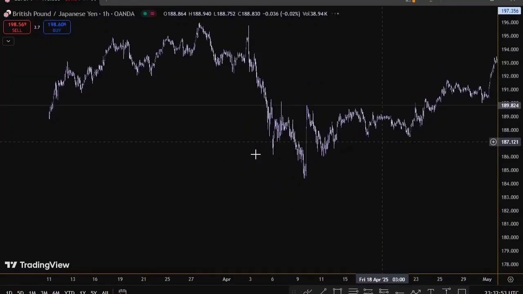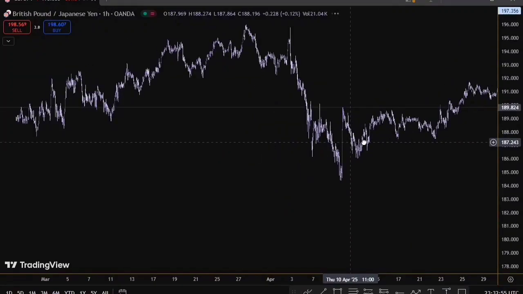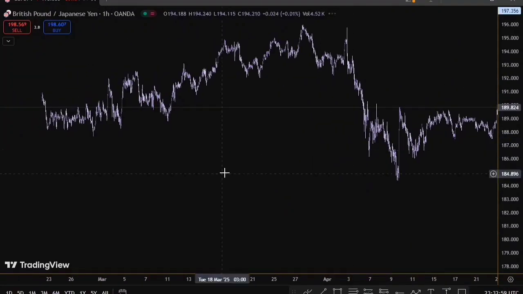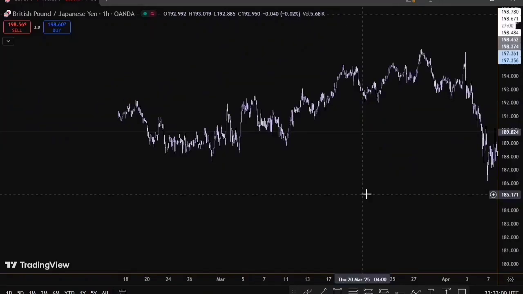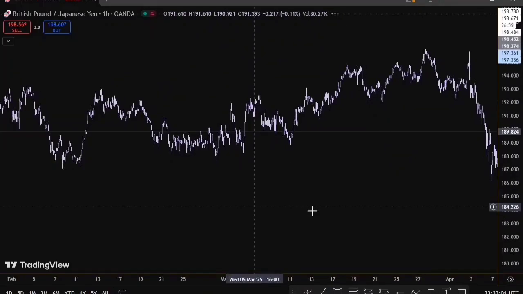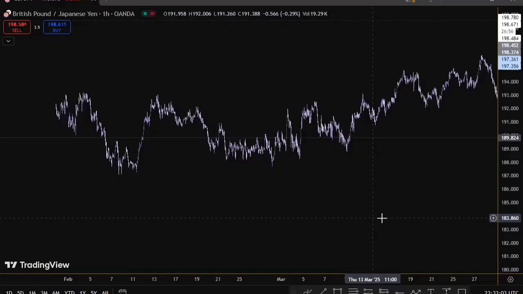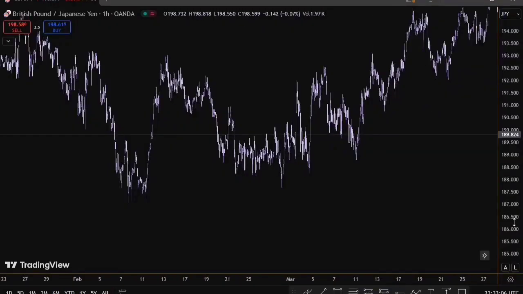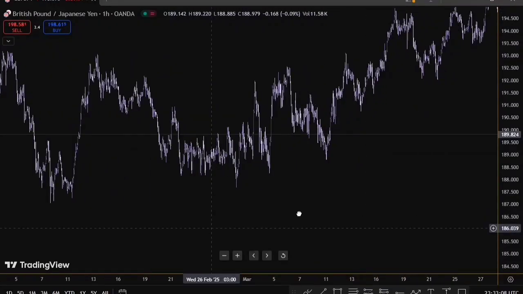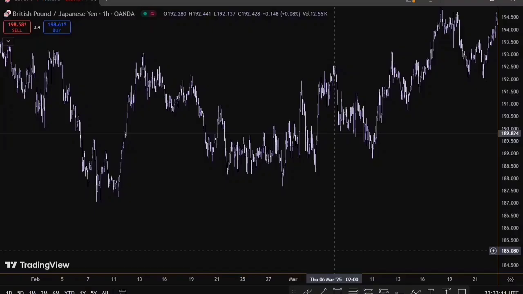Trying to look at clean price data. Okay, this is a good example we can work with here.